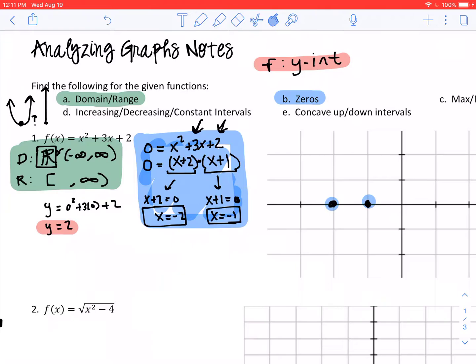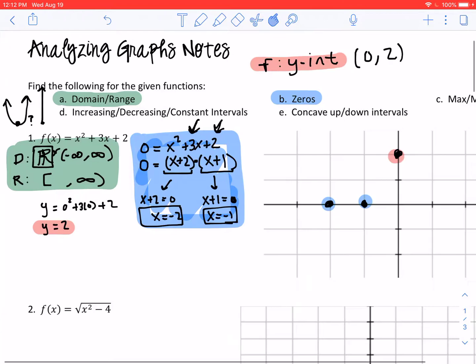So it looks like the y-intercept is the point 0, 2. Cool. So there's quite a bit of good information here, and we're very close to being able to get a good graph of this thing.